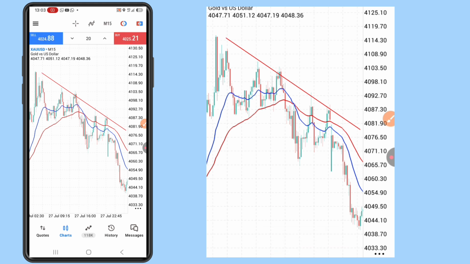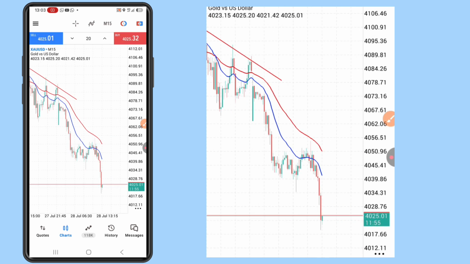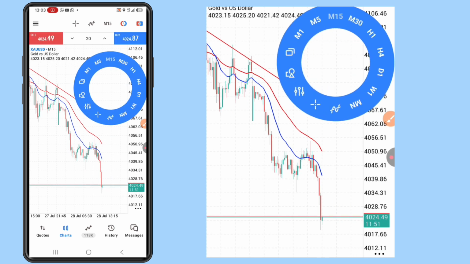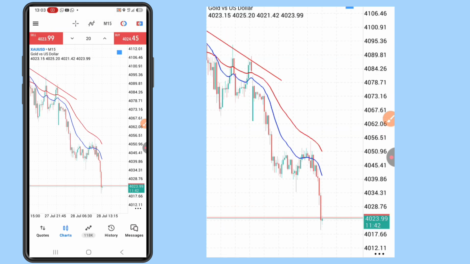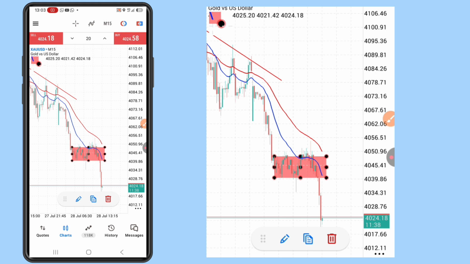And then one more thing that we needed to consider is that there's this conflict between the buyers and sellers, and that of course calls for what we call the consolidation. So the consolidation was right here. If I'm to draw it, it was right here.